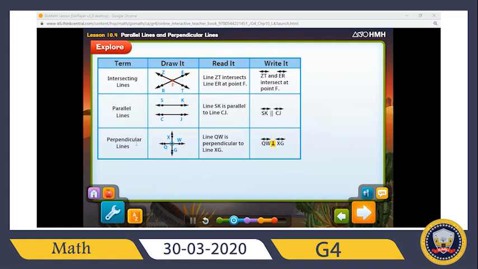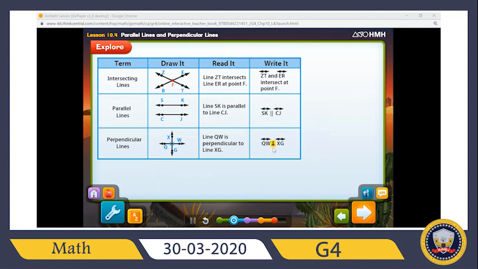What about perpendicular lines? What does it mean? They should intersect in one point, but after intersecting they should also construct 4 right angles. If you see right angles because of intersecting, we can say these lines are perpendicular lines.